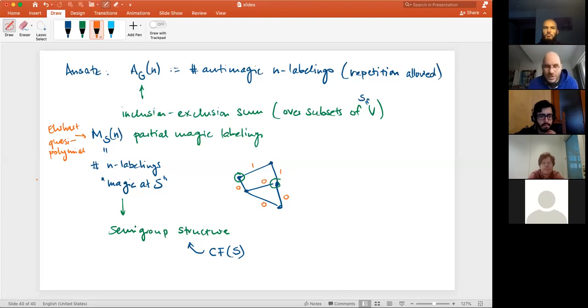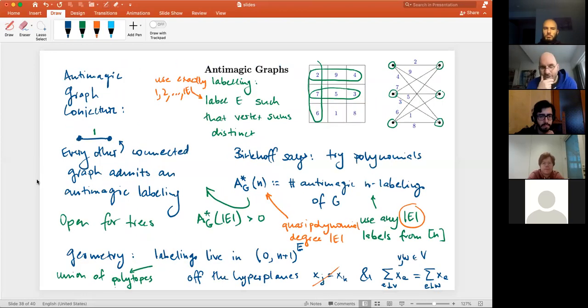Well, I should say what the project is. So project number 6 is an idea to put this distinctness requirement of the labels back in. And in a sense, think very carefully.